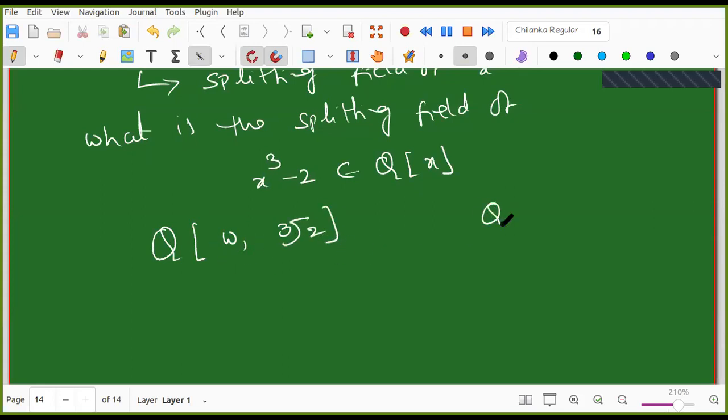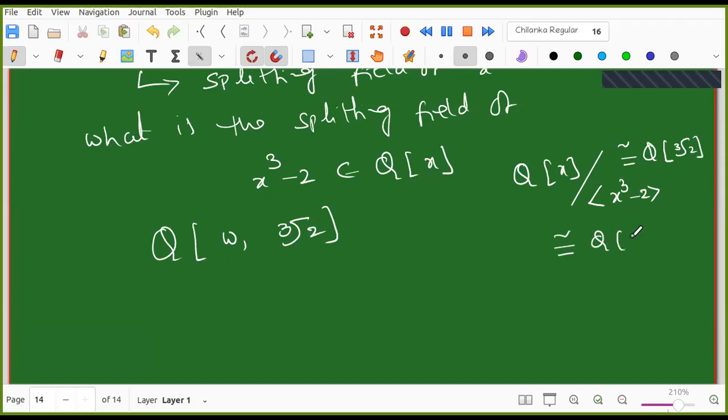See, we have Q of, so it is like this. Here be careful, here the Kronecker part, be careful. See this Q[x]/(x³ - 2) is isomorphic to Q(cube root of 2). It is also isomorphic to Q(omega cube root of 2).